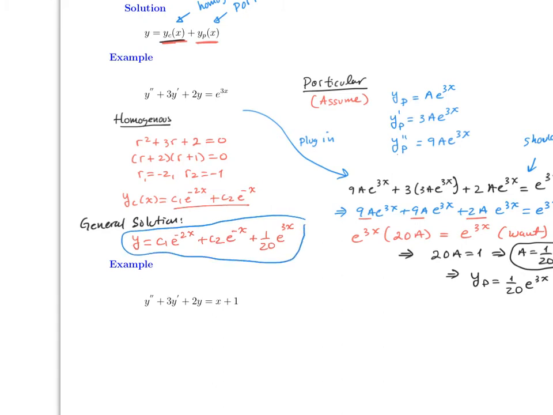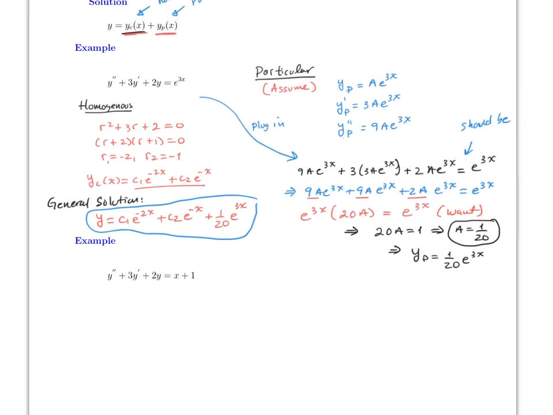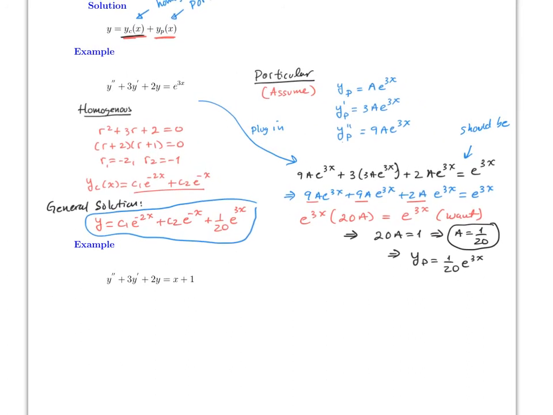Now, it is very, very important to notice that the particular solution depends 100% on what this is. And in this section, we will deal only with three kinds of functions: exponential, polynomials, or sine and cosine.